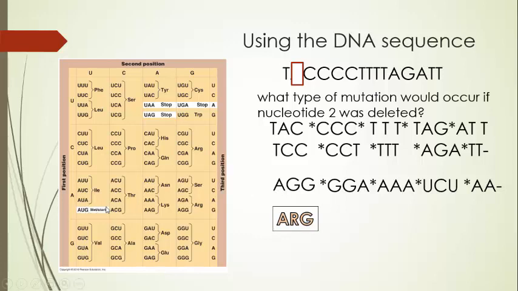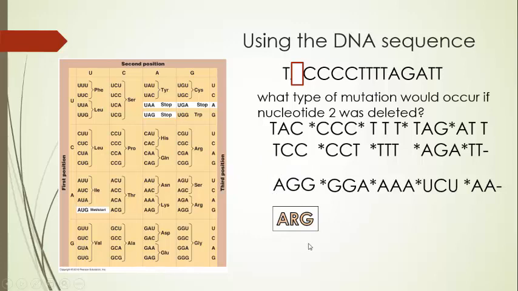We're no longer starting with MET. If this were to happen, the gene would not start. It would probably not be transcribed because there's no AUG or TAC to tell RNA polymerase that, hey, here's the start of a gene. And then the ribosome would also not know where to start because there's no AUG.